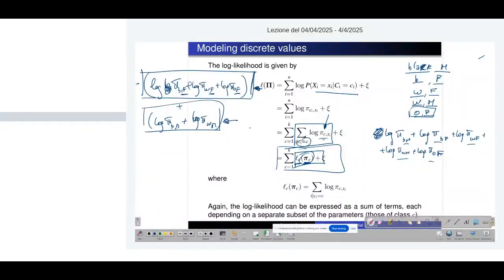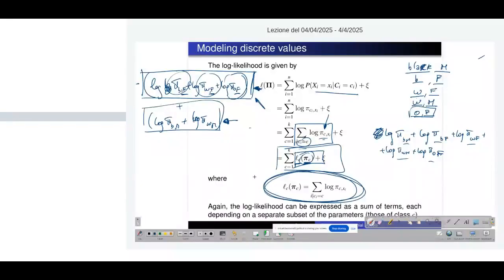Notice that inside each class, I need to consider the fact that the parameters of the class are tied, in the way that they must sum up to 1, so they are not independent. But the parameters of one class can be estimated independently from the parameters of the other class. So we can concentrate on estimating the parameters of a single class at a time. We don't need to estimate them jointly.